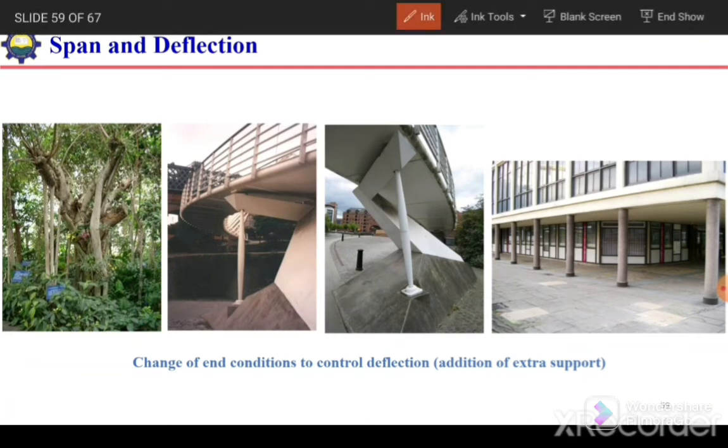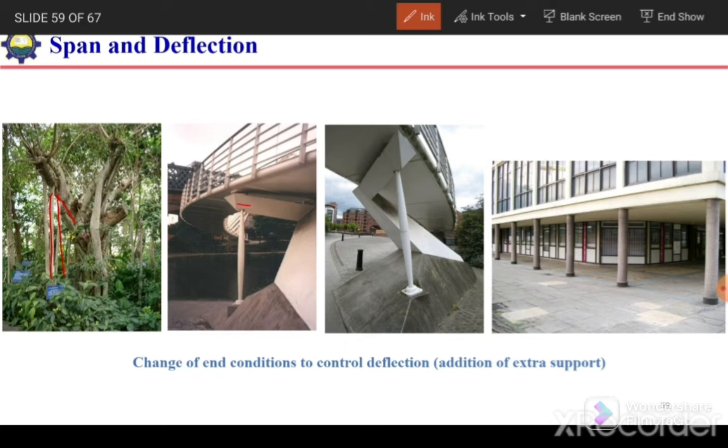Here we have a practical application of how we can control deflections. There are some trees which grow their roots naturally when they feel that their branch is overloaded or the length of the branch has increased sufficiently and it will deflect. They grow the root just to change the end condition or to limit the span.